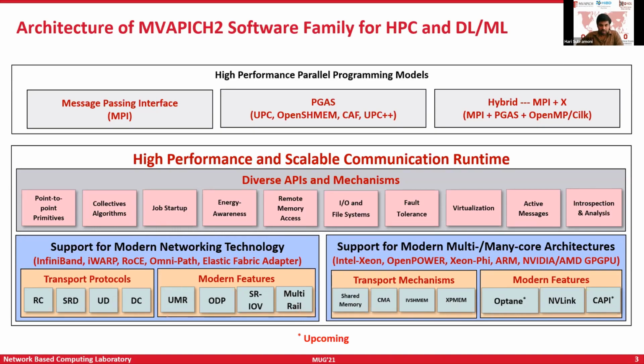So we try to take advantage of all of the features that the underlying network as well as intranode hardware provides to enable high performance and scalable communication mechanisms for different parallel programming models.